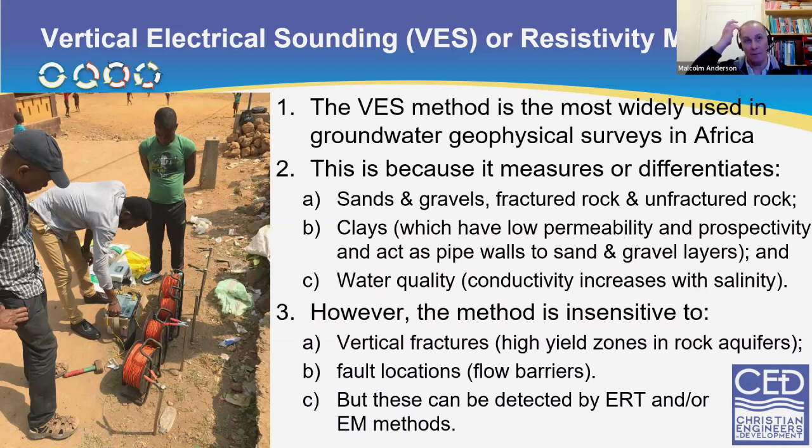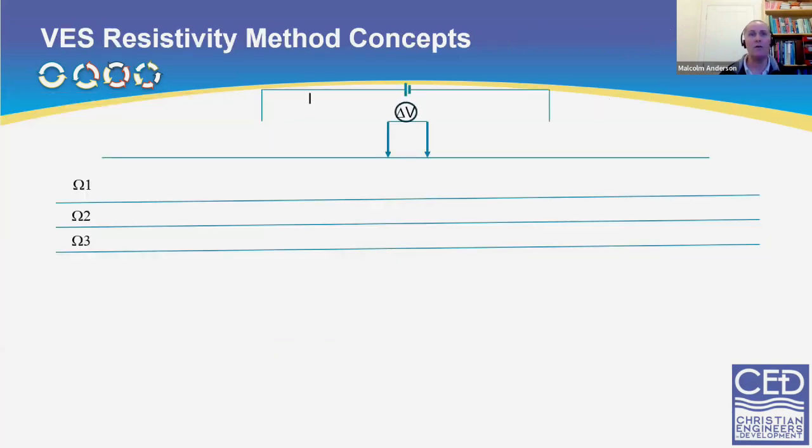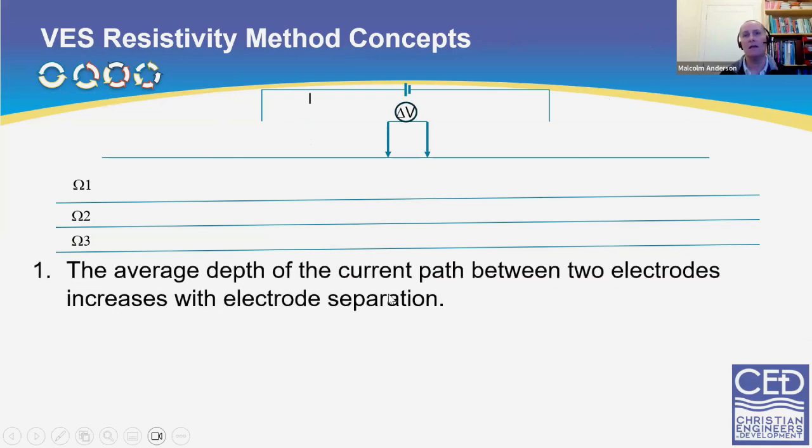And the method works like this. If you take 3 layers with 3 different resistivities, this is the ground layer here, and you've got your 2 central pins in here. The average depth of the current path between 2 electrodes increases with electrode separation. So if I show you 2 electrodes here, that will be the path of the current between them, and the potential difference is measured in the center here.